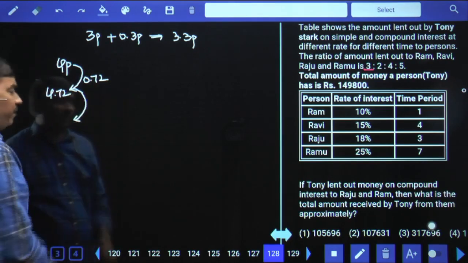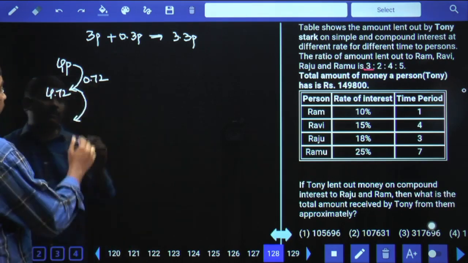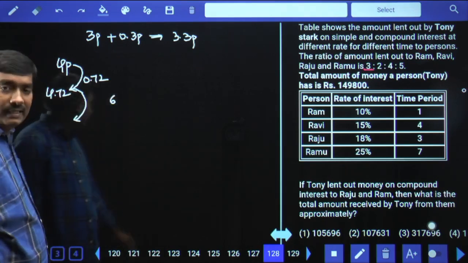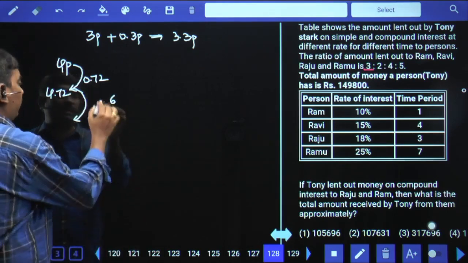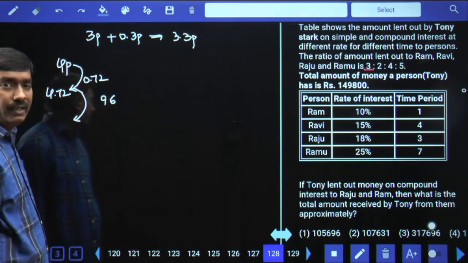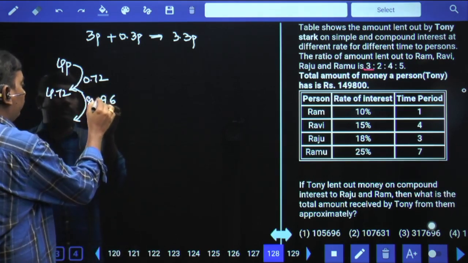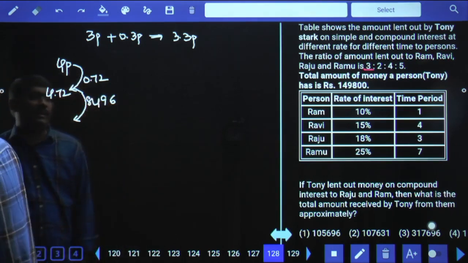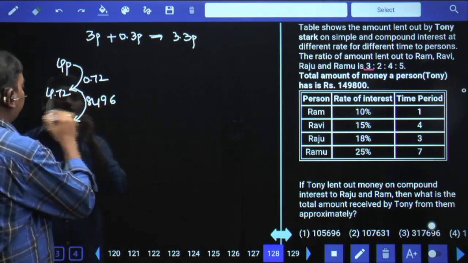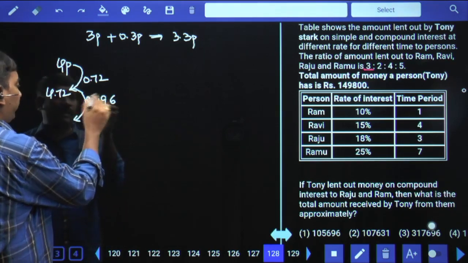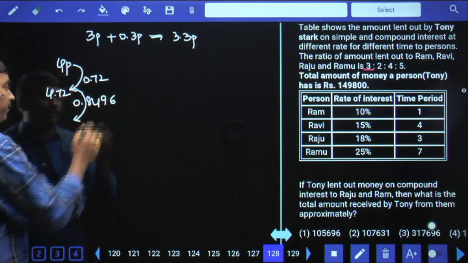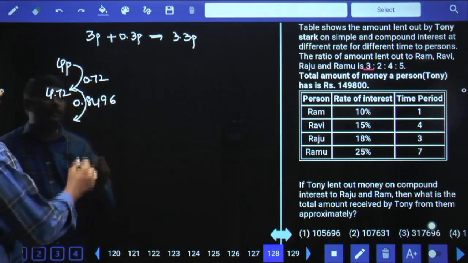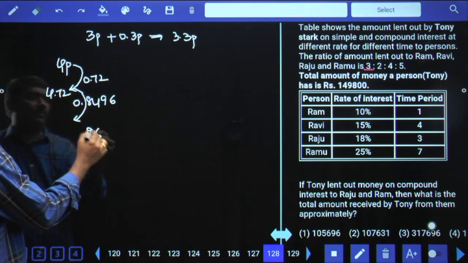Second year again 18%: 18 twos are 36, 18 sevens are 126 plus 3, 129, 72 plus 12, 84. So 18% means approximately 0.8496.